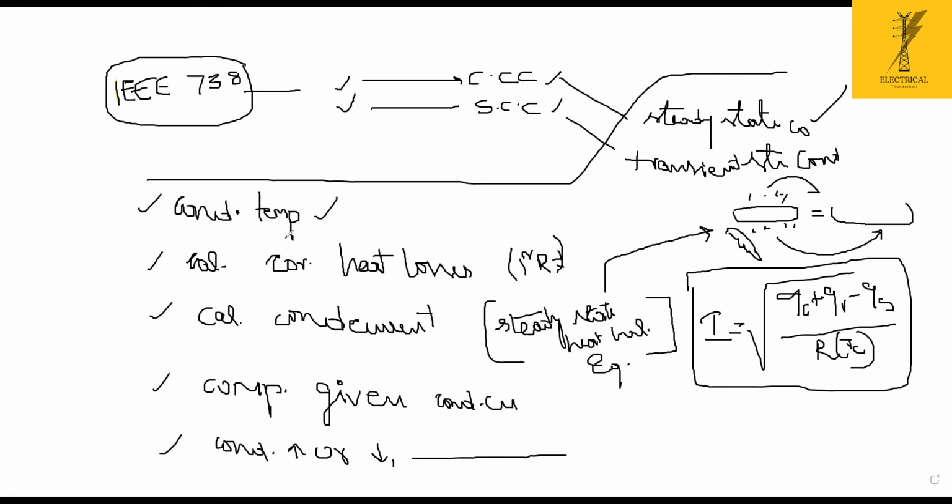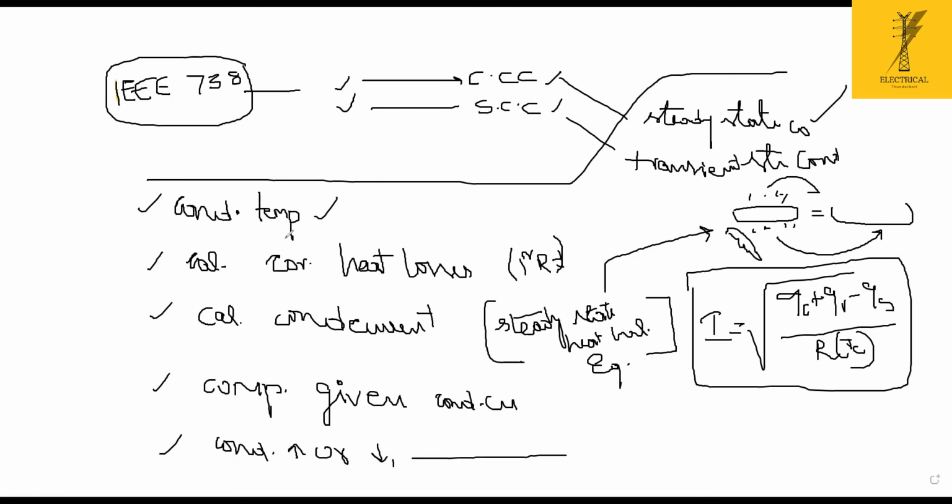Then I calculate the conductor current that yields this temperature using the steady state heat balance equation: I equals the square root of QC plus QR minus QS, divided by the resistance at that conductor temperature.